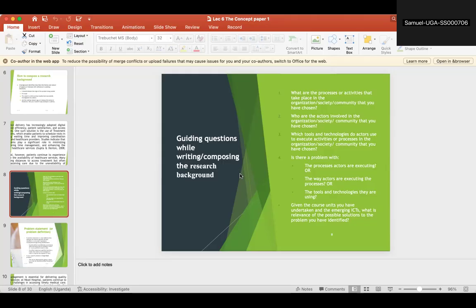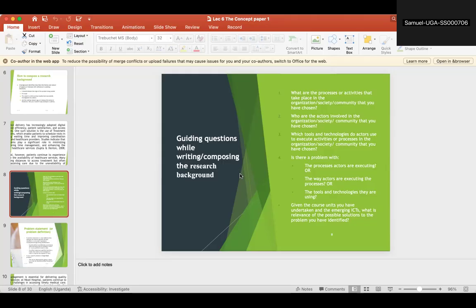Meaning that maybe you're going to provide a section or a role for patient, then a role for doctor. In case there is another person, then you can also do the same. Then which tools and technologies do actors use to execute activities? Which tools and technologies are used by patients at Nkozi Hospital if they have booked what? Appointments. Someone can say, sometimes we make calls.